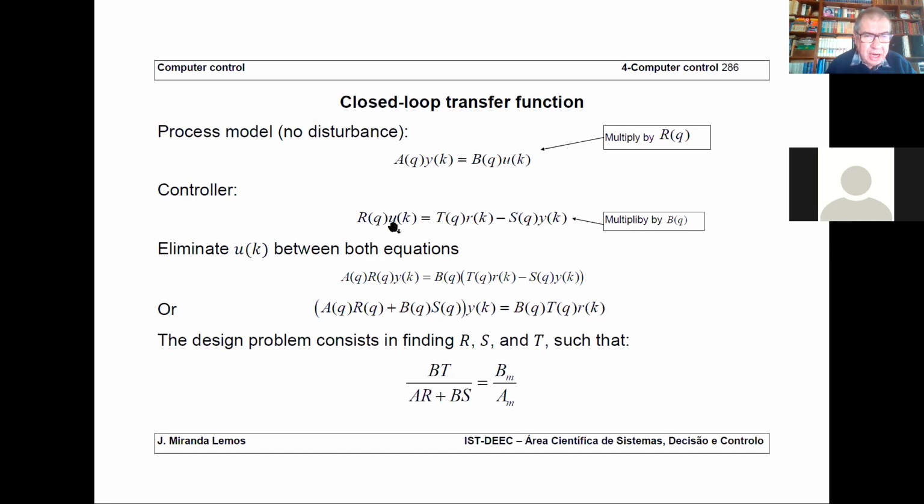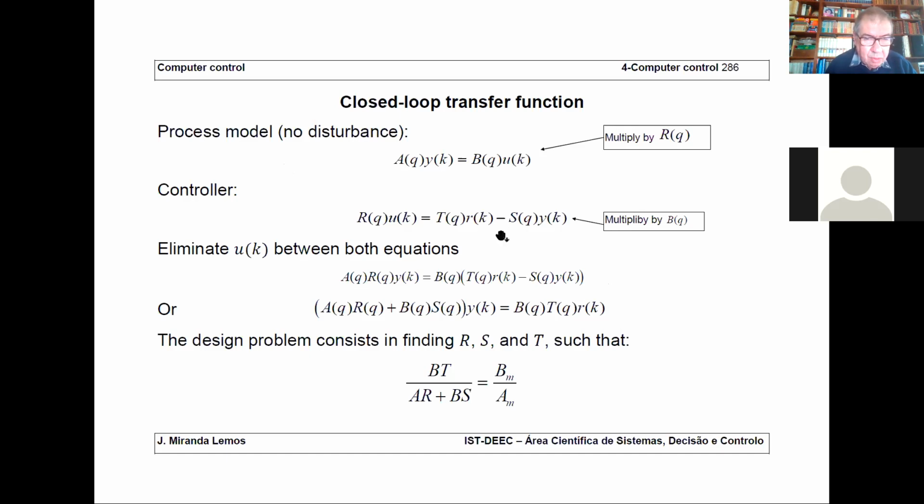So you have bru equals to btr minus bsy. Now you have bru and rbu. So ary is equal to bt and so on. So you can equate this term to this term. This term multiplied by r is this term multiplied by b. Just algebra. Clear? You understand the algebra?